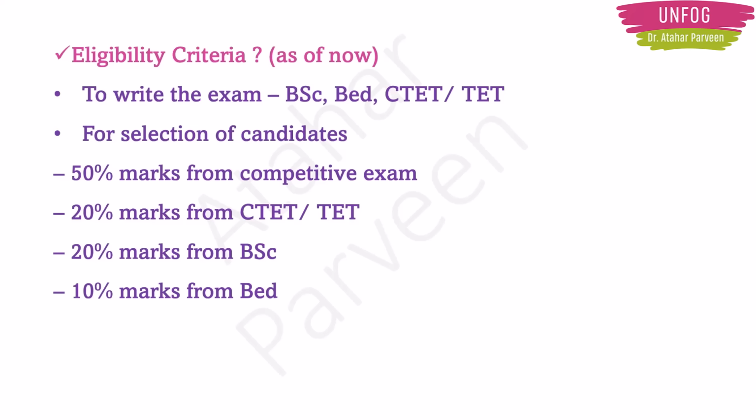Here the Gpstr competitive exam will be there. In that, 50% marks they will take. Then from your Karnataka TET or CTET they will take 20% marks. Then from your graduation they will take 20% marks. And from your B.Ed result they will take 10% marks. So all this will be considered and then you will be shortlisted for the merit list. So all this is very important.